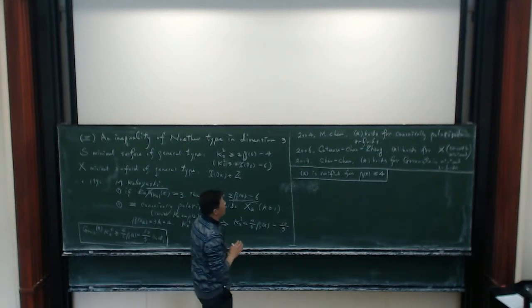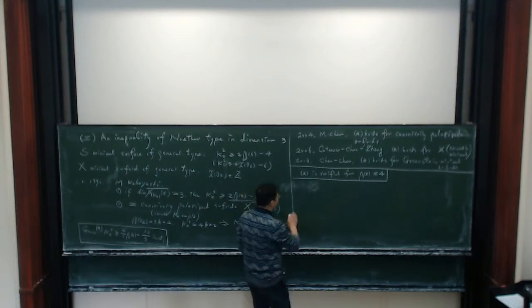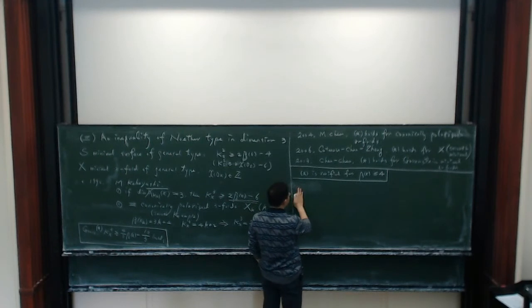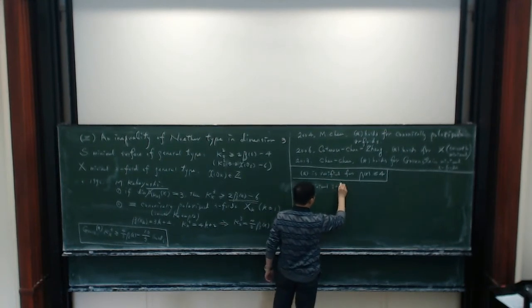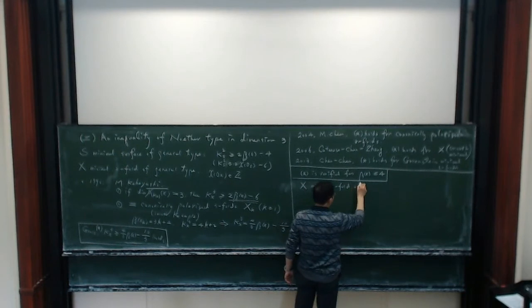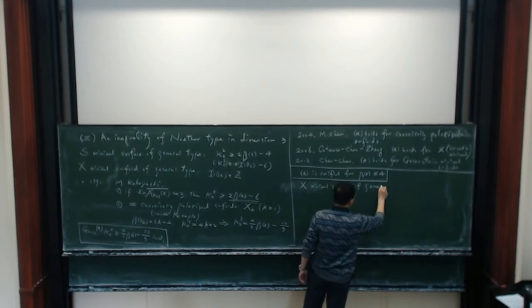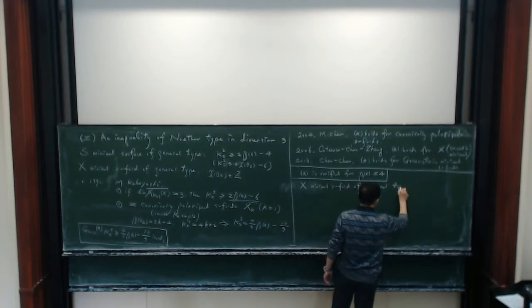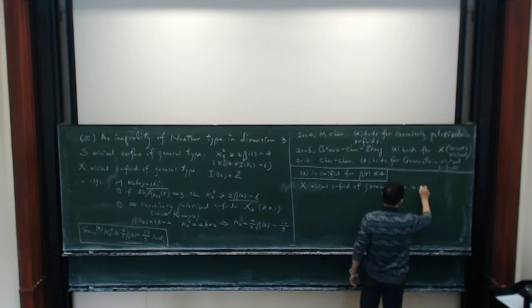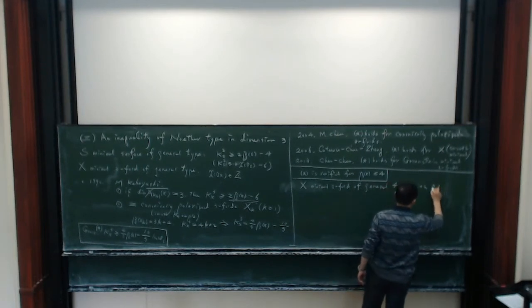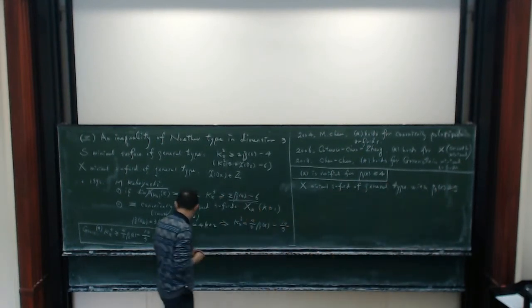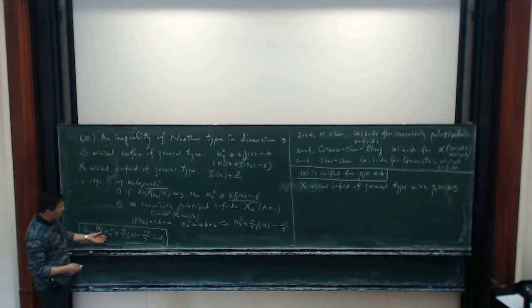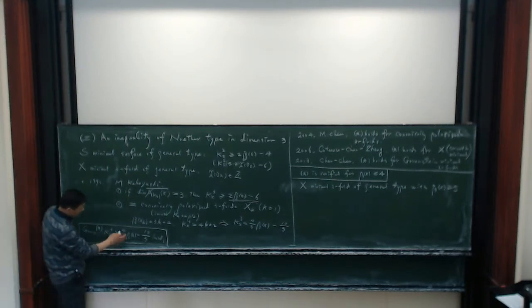So anyway, from now on, we can always assume that my premise is that X is a minimal threefold of general type with p_g at least 5. Actually, if this doesn't hold, then you can see that p_g should be larger.